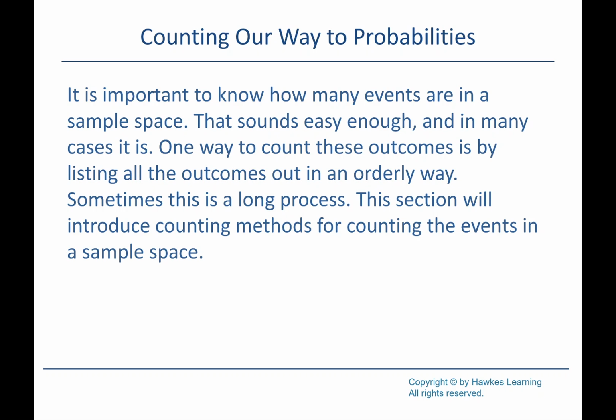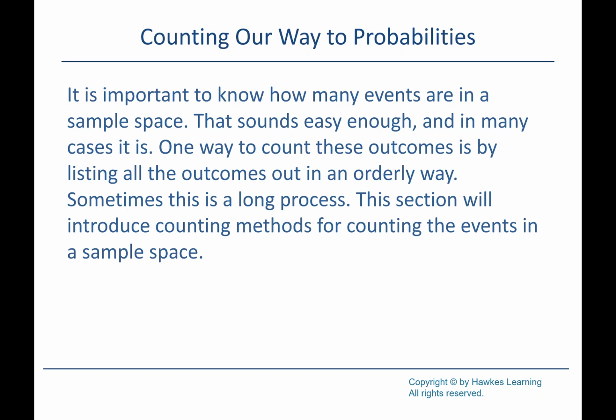Sometimes it is easy, like if we're flipping a couple coins, we just count up how many possibilities we have, and that's not a big deal. But sometimes those numbers can get really big, and it would be really tedious to make a huge, long list of all the possibilities to count them out that way.